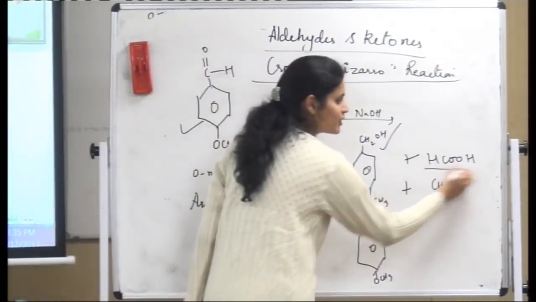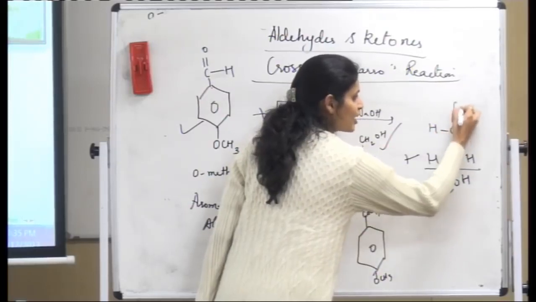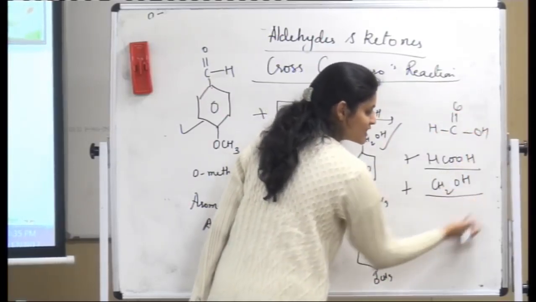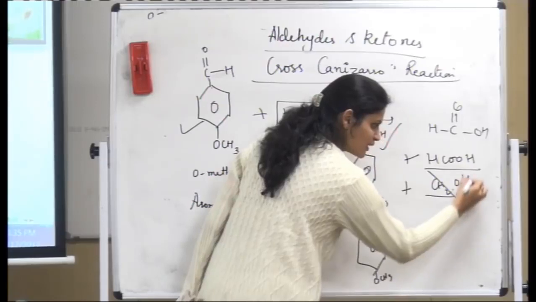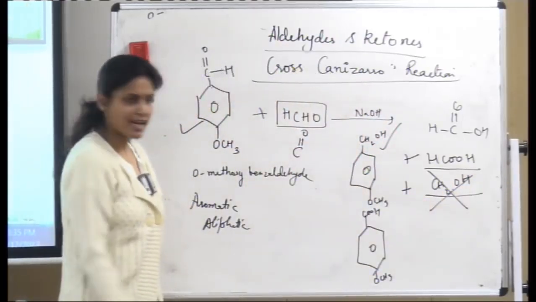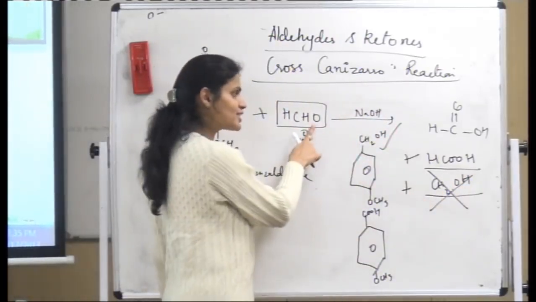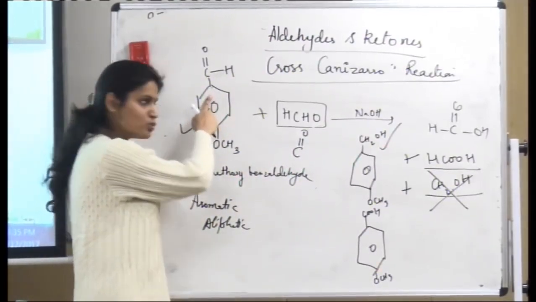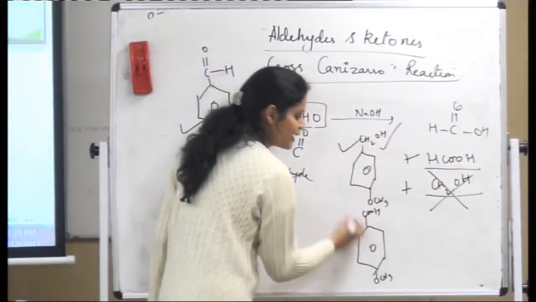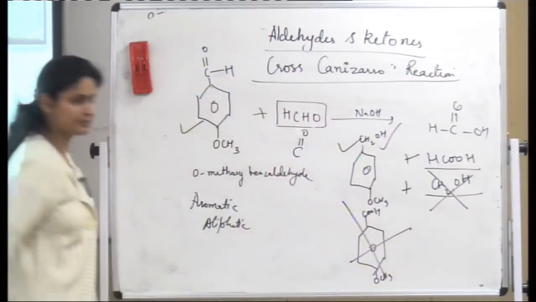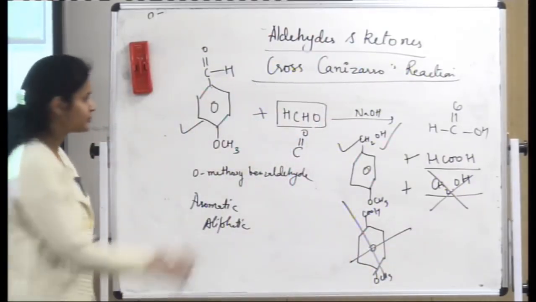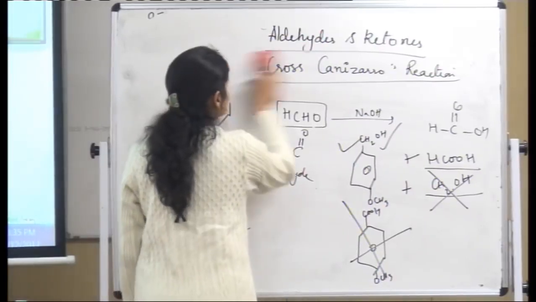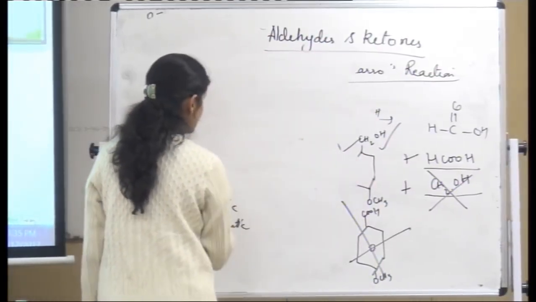You can see from here that it has the carbonyl part, but this does not have the carbonyl part, hence this possibility is ruled out. And if this compound is getting oxidized, it is very obvious that this compound will get reduced, and hence this should be the product and not this, right? So this was cross Cannizzaro reaction.